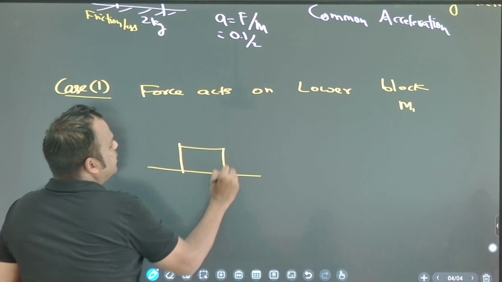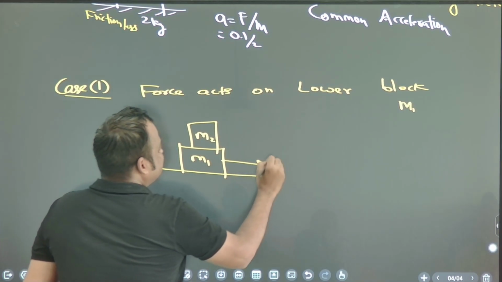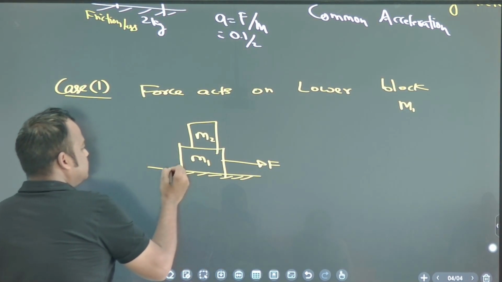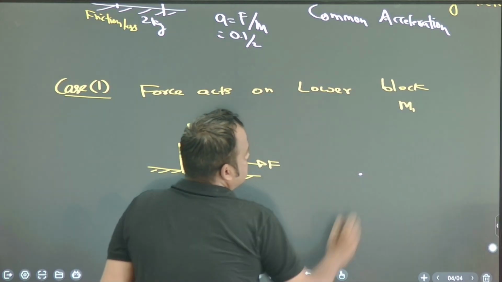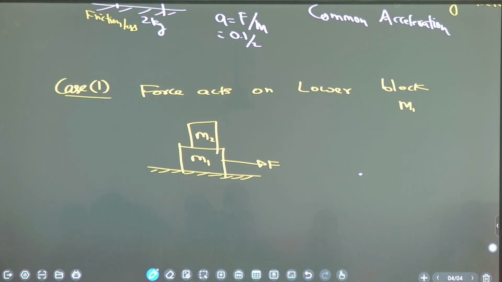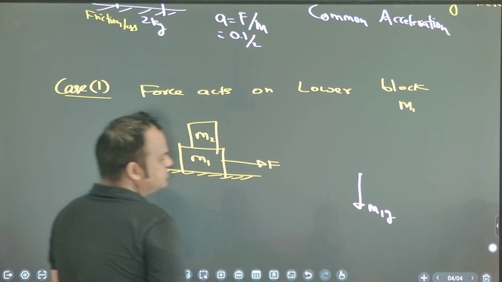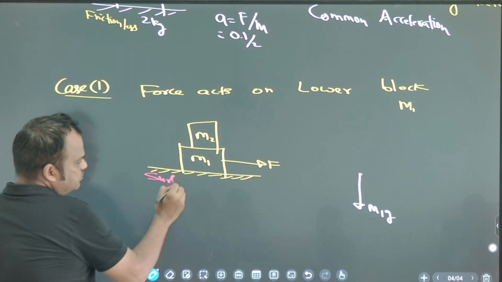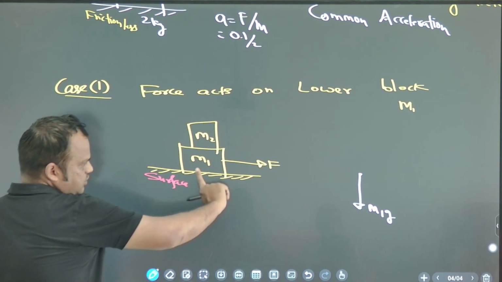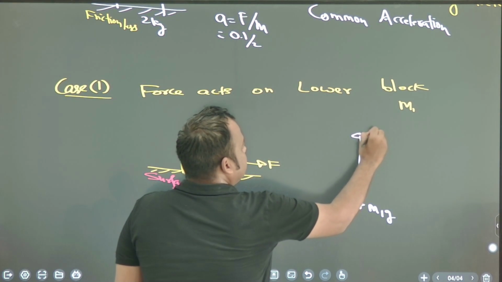So draw the free body diagram of both M1 and M2. This is F. So for M1, what is the free body diagram? M1g downward. The surface will exert one normal force upward, let's call it N1.